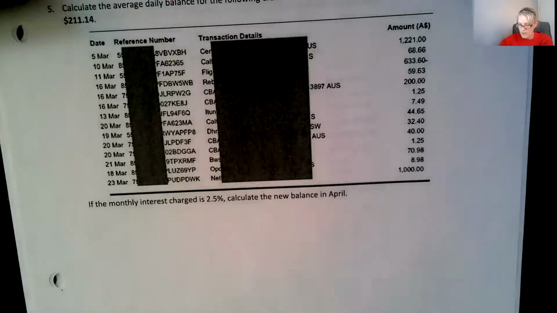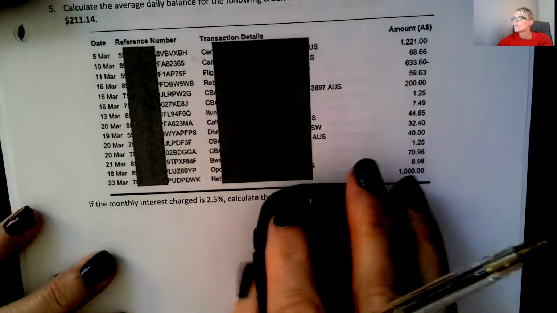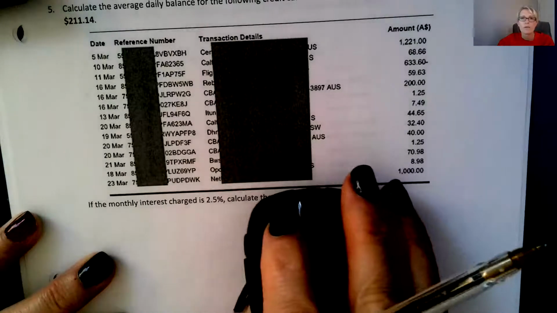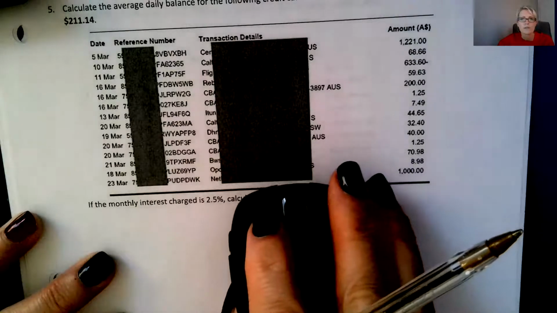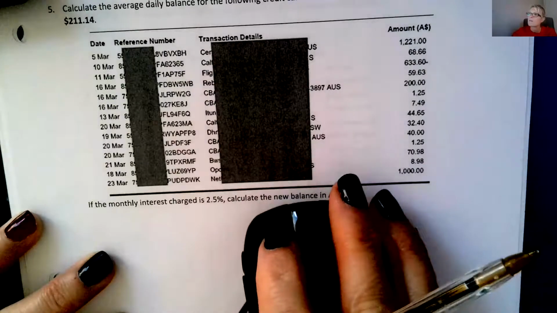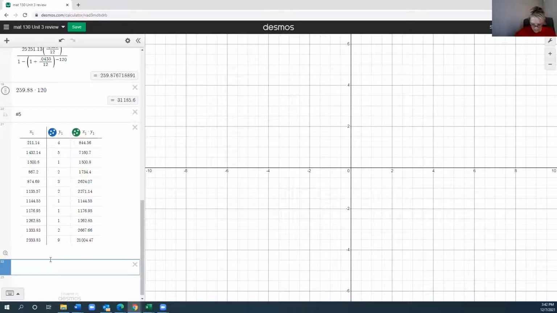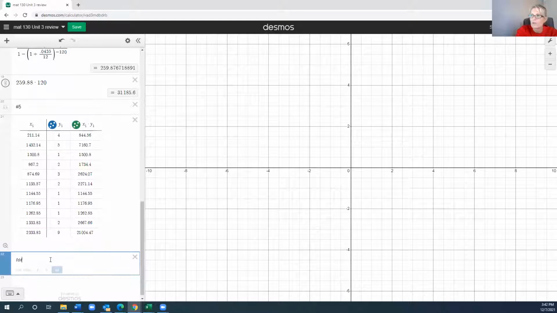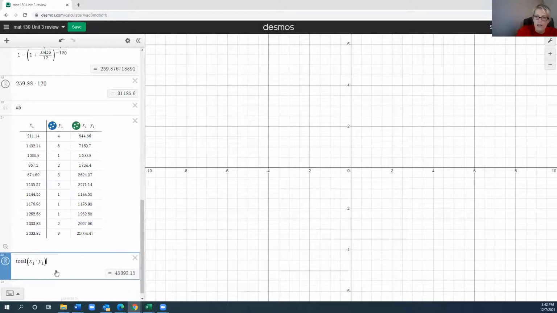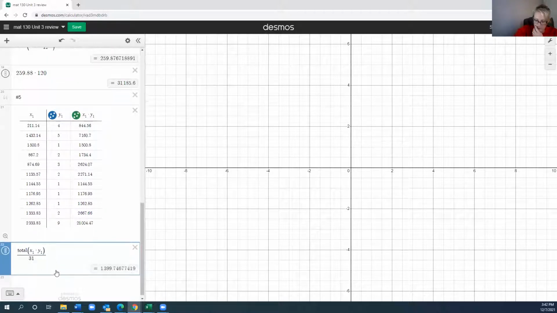Okay, so then in Desmos, let me take you back to Desmos for a moment. So in Desmos, we are going to take the average. So we're going to total our X1 times Y1, and then we're going to divide by 31 because there's 31 days.